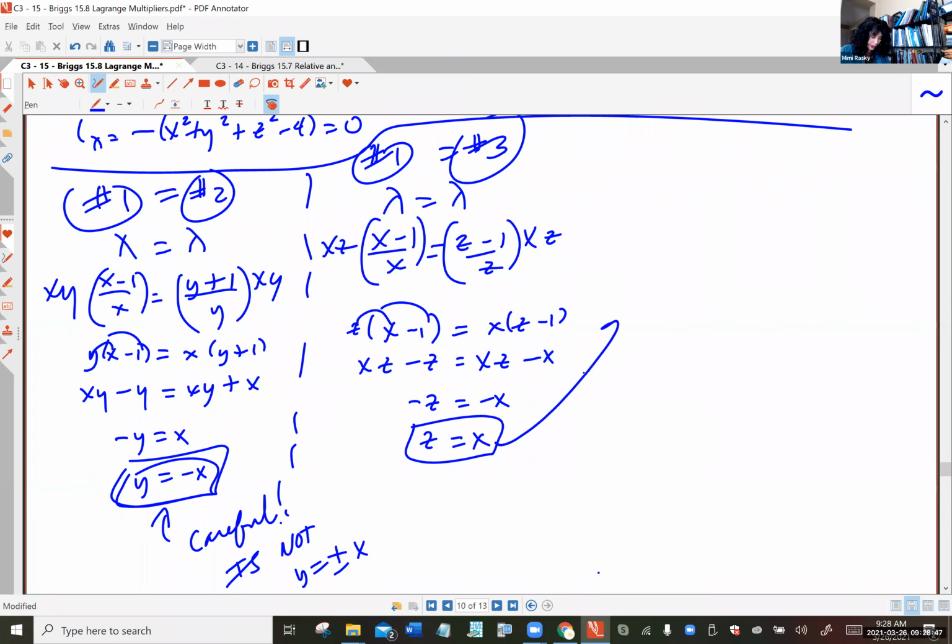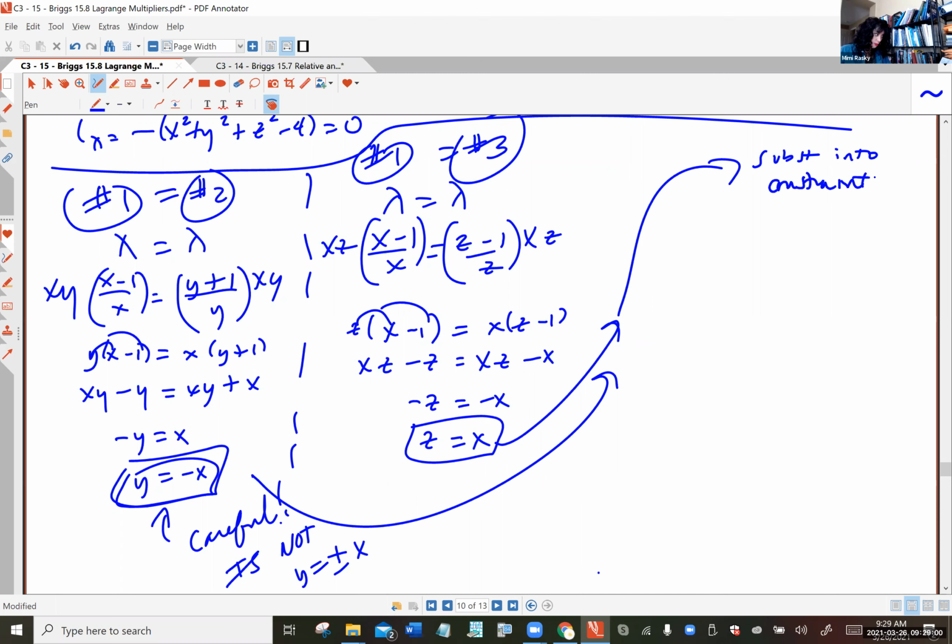So now what? Now you plug both of these into the constraint. What's the constraint? The sphere. We're constrained by the sphere. So you're plugging x for z and negative x for y into your sphere equation, like this. Anytime you square a negative, it'll be positive.